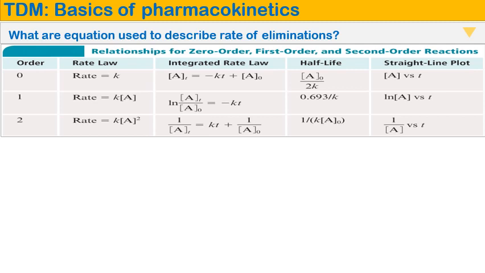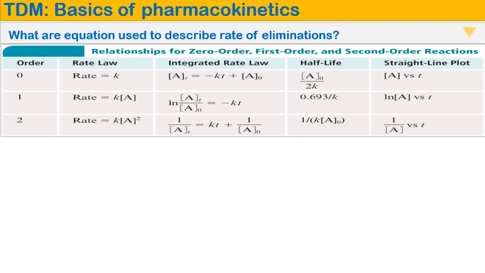For the second order, the reciprocal relationship: 1 over the amount at time t equals kt plus 1 over the amount at zero time. The half-life in zero order is the amount at zero over 2k, while in first order it is ln 2, which is 0.693, over k.